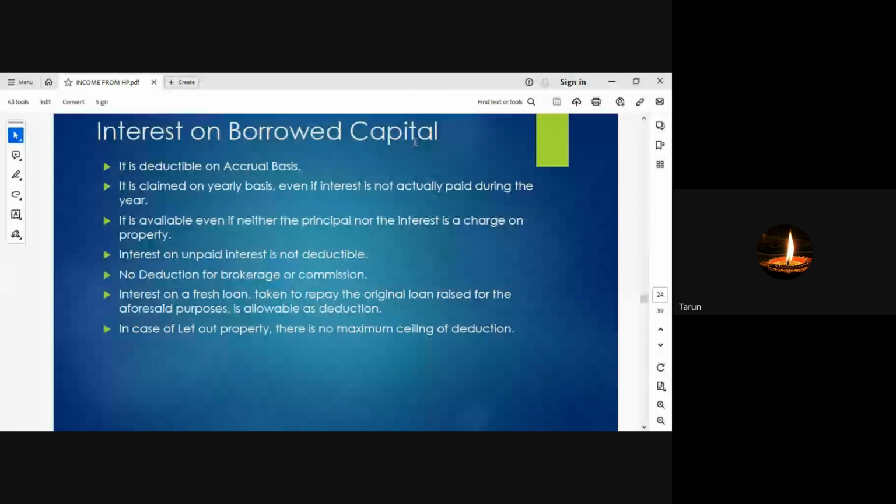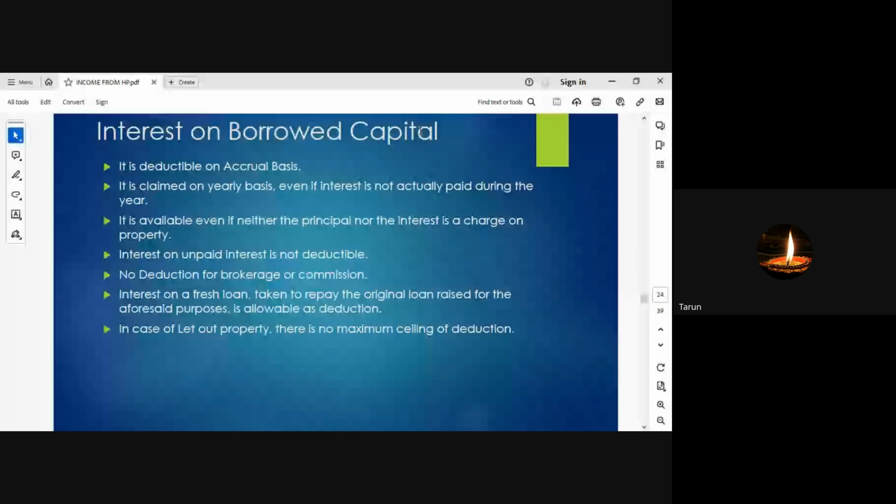It is easy to understand, so I don't need to explain these points. It is available even if neither the principal value nor the interest is a charge on the property. Interest on unpaid interest is not deductible. So the interest which is not paid, and on which the bank charges further interest, is not deductible at all.